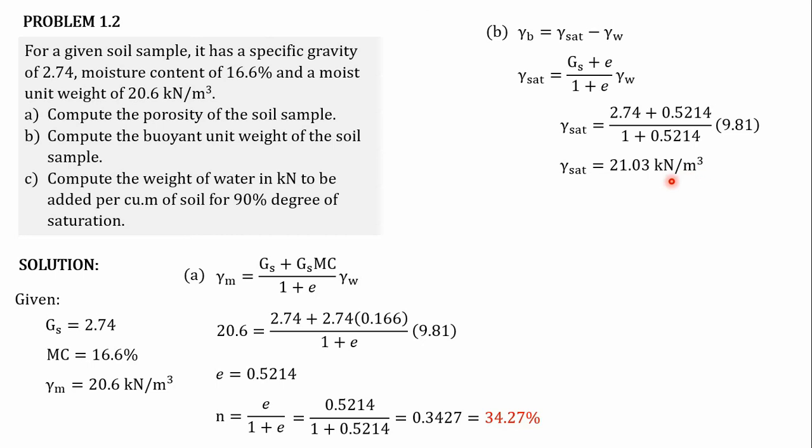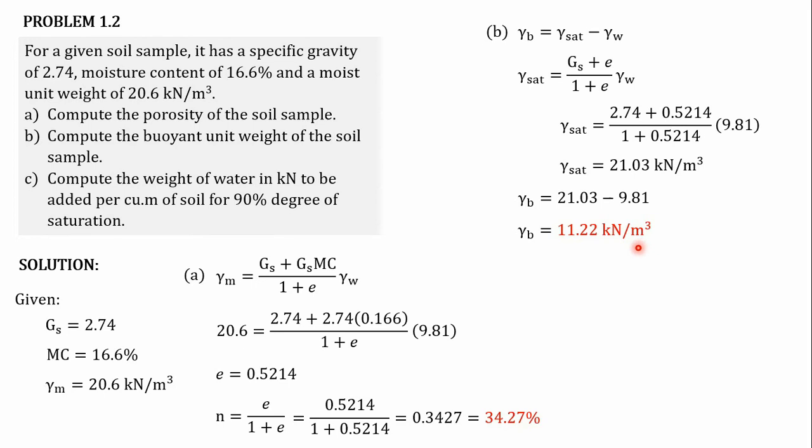That is the saturated unit weight of a soil. And then, the buoyant unit weight is equal to saturated 21.03 minus unit weight ng water 9.81 kilonewton per cubic meter, which is equivalent to 11.22 kilonewton per cubic meter. And this will be our answer. Gets nyo?